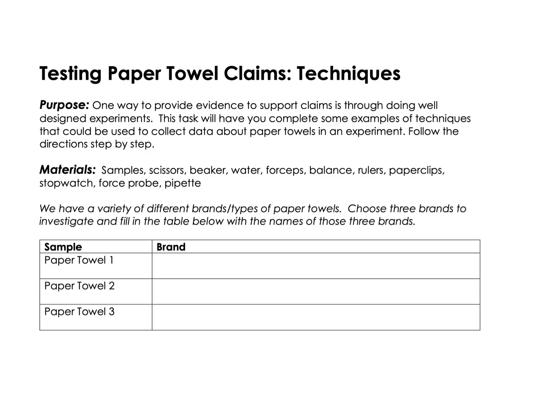So in the lab, we had a bunch of different kinds of paper towels that people could use, and they were asked to choose 3 brands to investigate and fill in a table with those 3 brands. So for the purposes of our makeup lab, paper towel 1 is Brawny. Paper towel 2 is Great Value. And paper towel 3 is going to be Amazon.